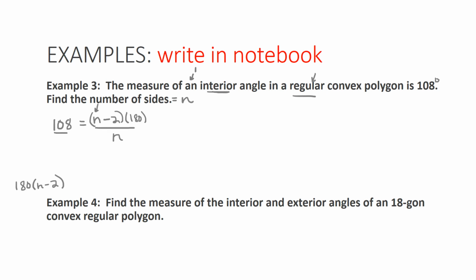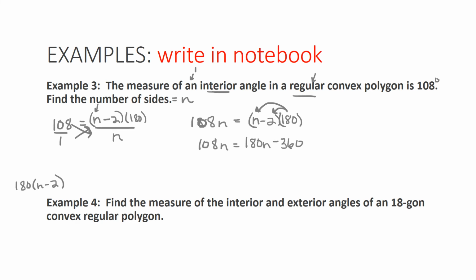Could I maybe put 108 over 1 and then cross multiply? Absolutely we can. So when I do that, I get 108n equals n minus 2, again in parentheses, times 180. This tells me I have to distribute that 180 to both, so I get 108n equals 180n minus 360.